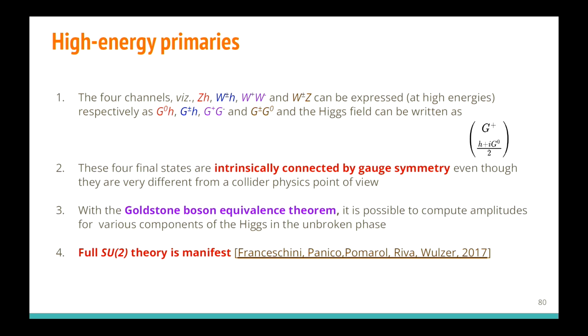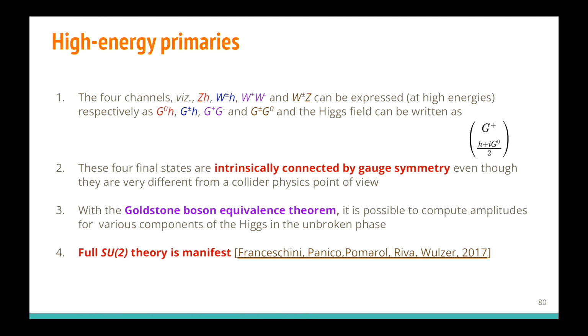Because in the unitary gauge, the Goldstones don't exist separately, they are eaten up by the longitudinal modes. The reason these analyses are done in terms of the Goldstone modes is because these Goldstones are scalars, and a lot of renormalization calculations become easier in scalar field theory compared to when we have scalars plus weak bosons.